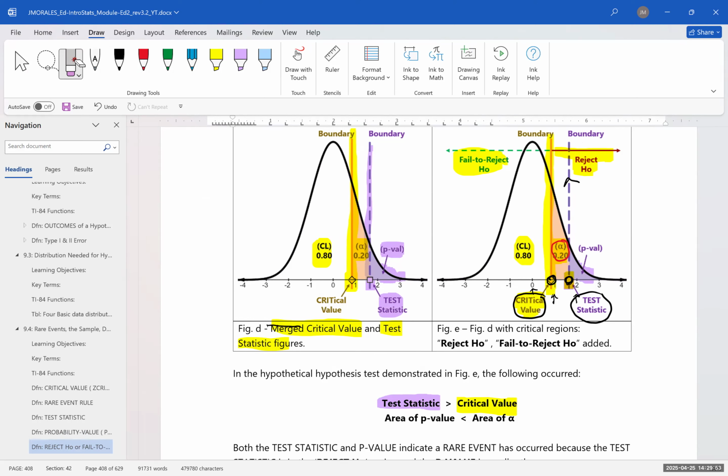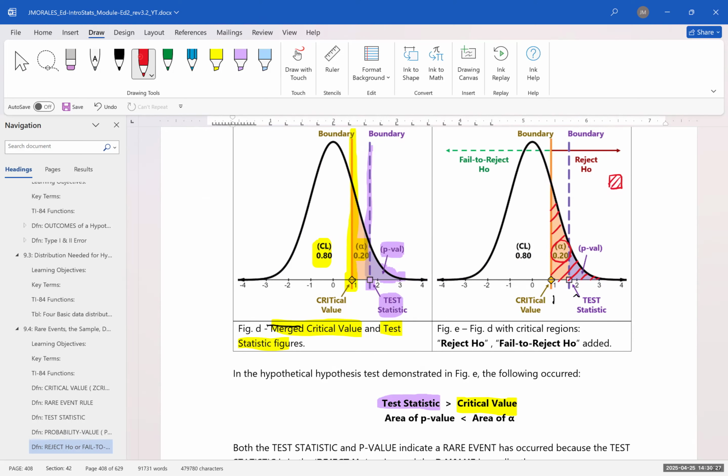So let me show how we do that with area. It may be a little bit difficult to see here, but you can see that this significance level, this area of 0.2, is this orange area. We've done significance levels enough, you know, that it's the area all the way through this tail.